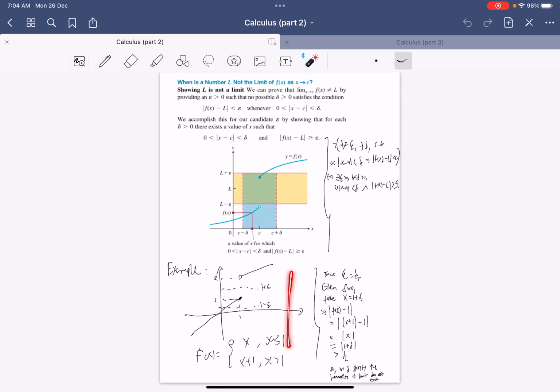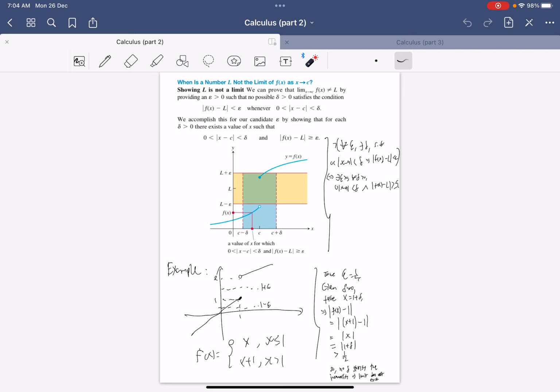An example would be this piecewise function that has a break in it. If we take our epsilon to be half, then for any delta larger than 0, we can always find an x from 1 plus delta within this interval. And so no delta satisfies that inequality, and hence the limit is not half.